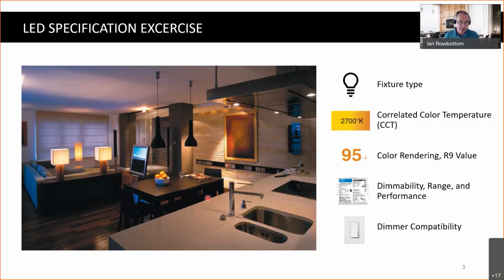So I've got to look for different fixture types with Edison-based bulbs, with maybe plug-in bulbs for the track heads, and then behind the soffit here, I might have some LED strip lighting. The other thing that I need to consider is what is the color temperature of the LEDs for this application?